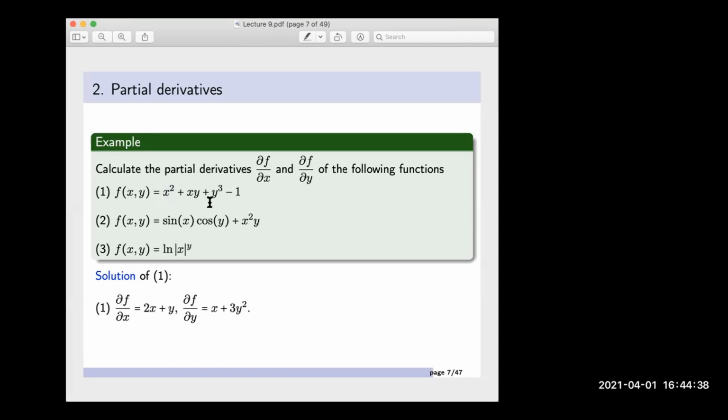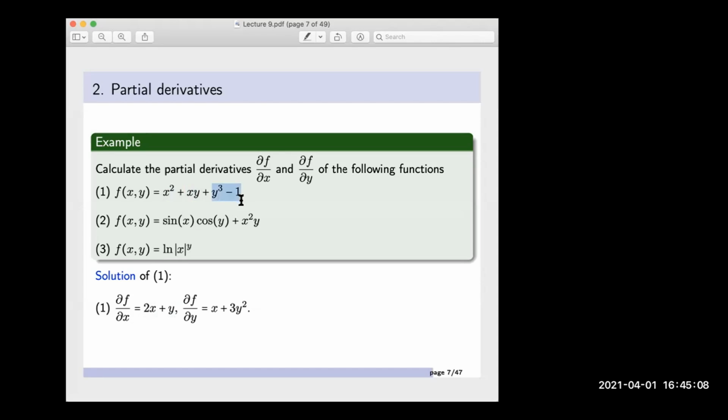It's not a variable, it's a constant when you take the derivative in x. For a quadratic polynomial in x, you know how to find the derivative. You have learned this because, for example, the derivative of x squared is 2x. So this term becomes 2x. And the derivative of x is 1, so this x disappears after you take the derivative. You get a y left. And for this term, this is a constant.